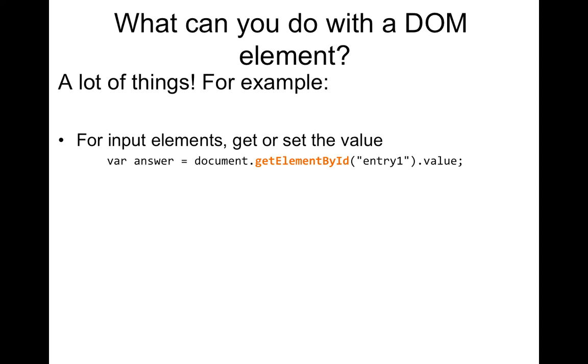Document.getElementById, and then you give it the ID. So that method returns a reference to the object in the DOM, and then you can reference the value property of that object to get whatever was in there. And in this example, we've taken that and we've assigned it to the variable answer.